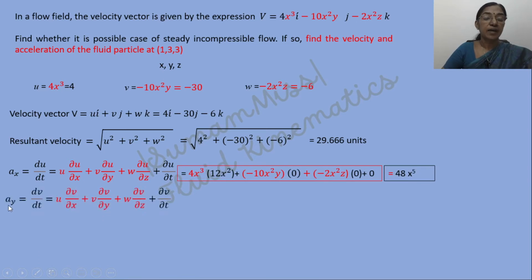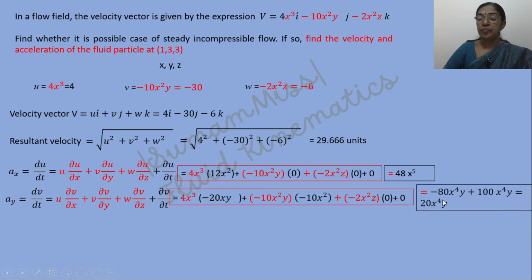Similarly, ay, that is equal to dv by dt, is equal to u into dou v by dou x plus v into dou v by dou y plus w into dou v by dou z plus dou v by dou t, that is equal to 20x raised to 4y.